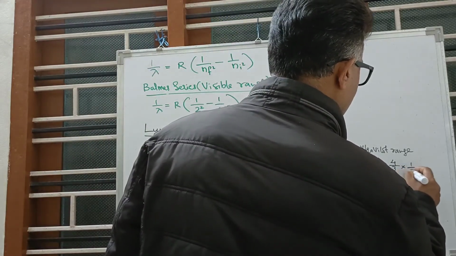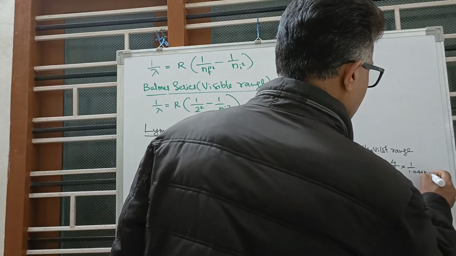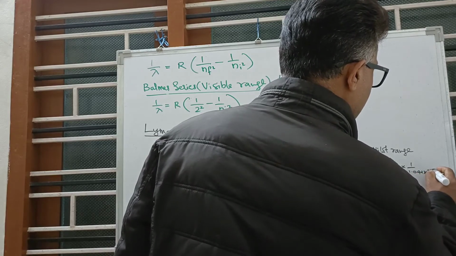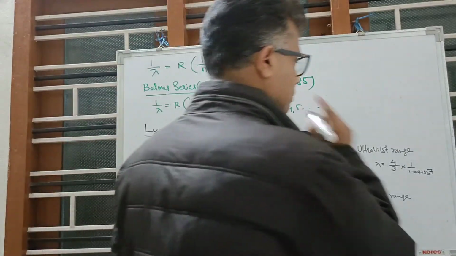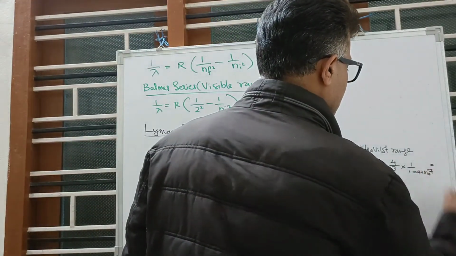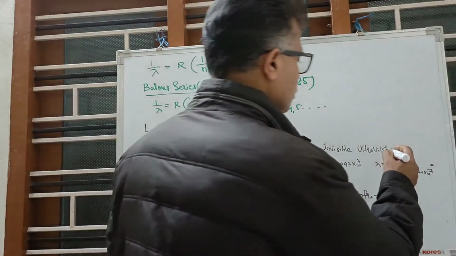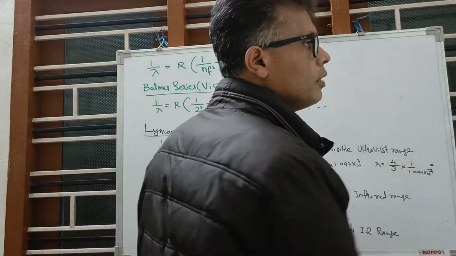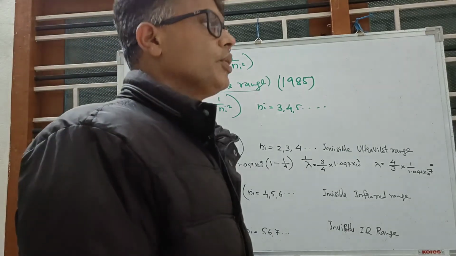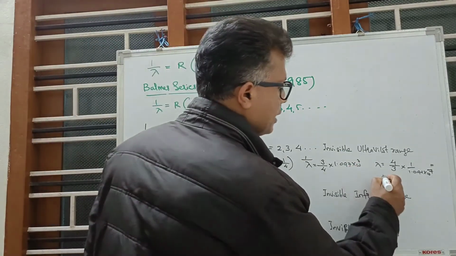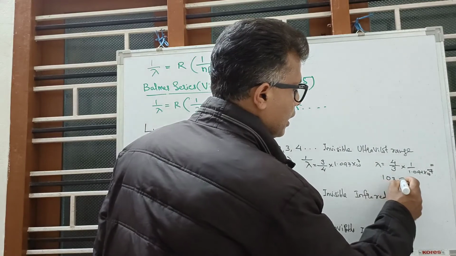into 1 by 1.097 into 10 raised to minus 7. You can just calculate and see how much it is going to be. It is going to become something like 103 nanometers.